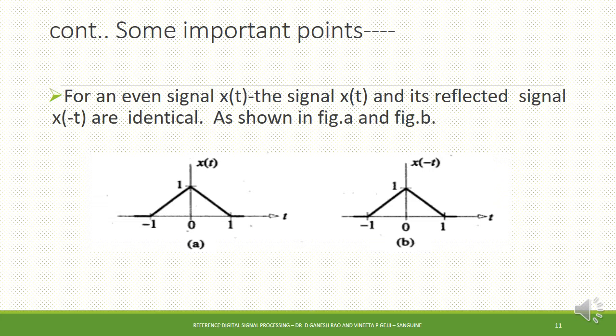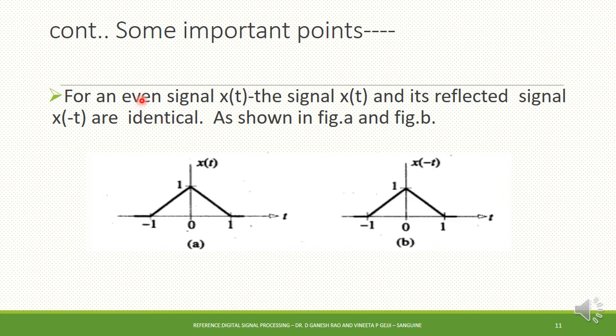Here are some important points about reflected signals. For an even signal x of t, the signal x of t and its reflected signal x of minus t are identical. We studied even signals and odd signals.